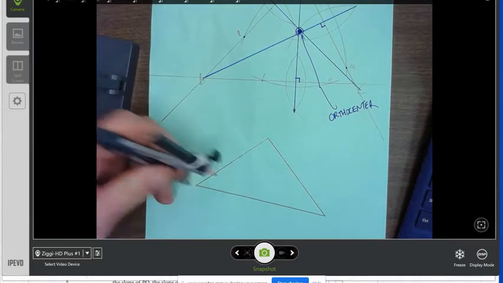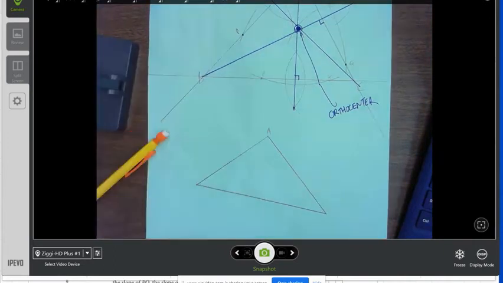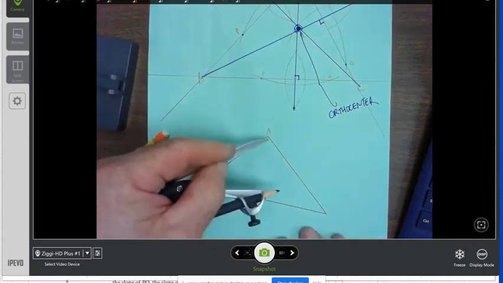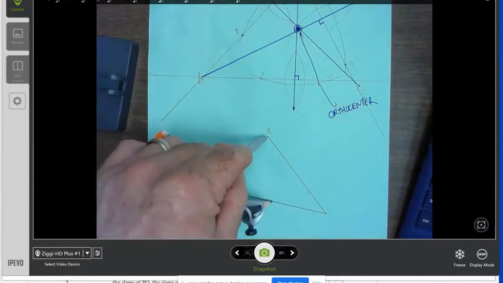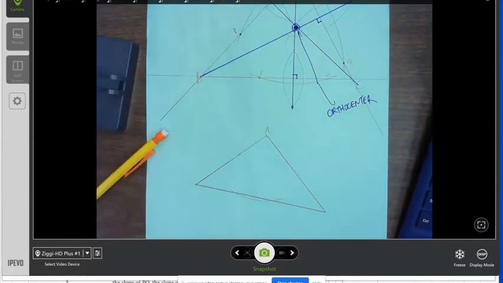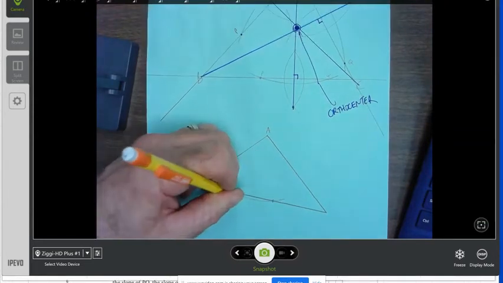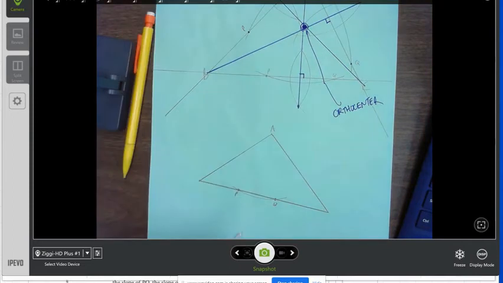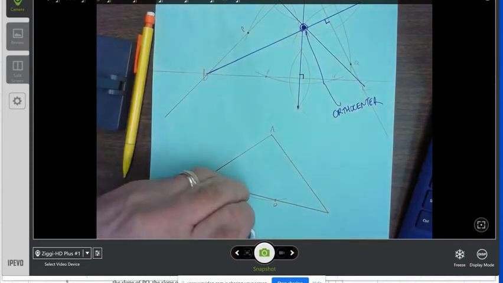Okay, so from vertex A, I'm going to swing an arc that crosses the opposite side twice. And then that gives me P and Q. And then I do the perpendicular bisector of PQ.